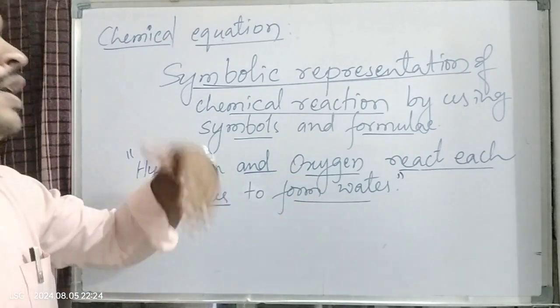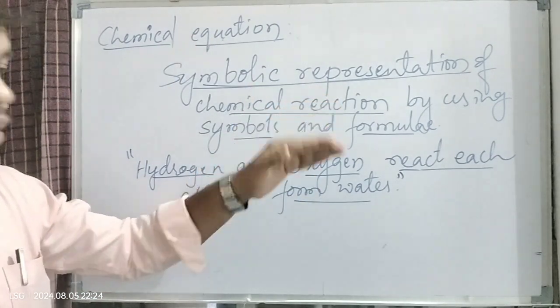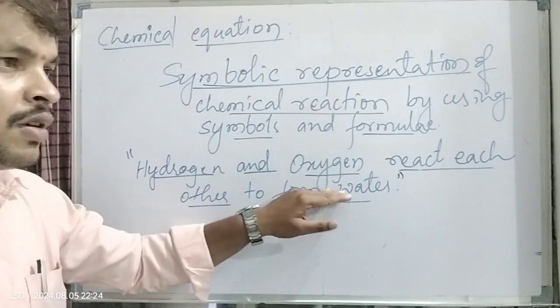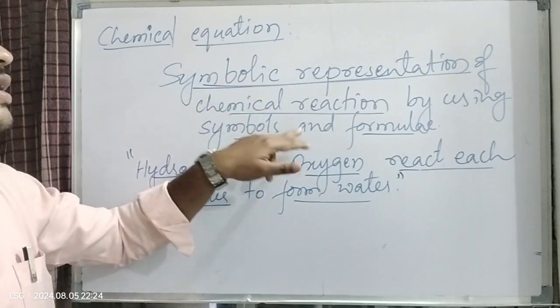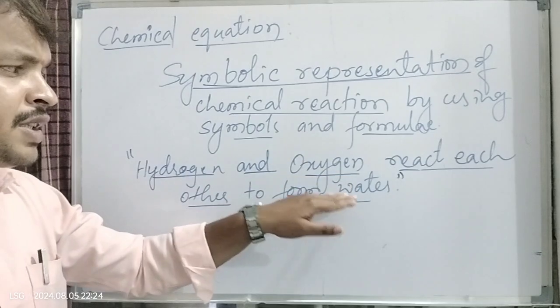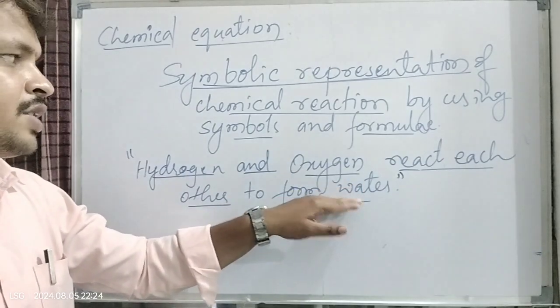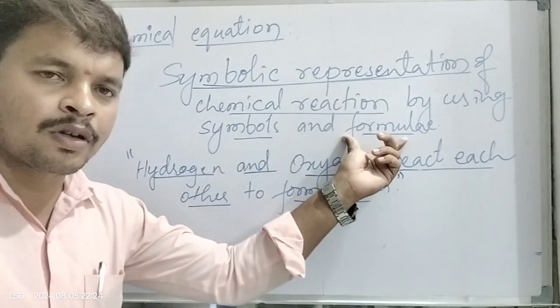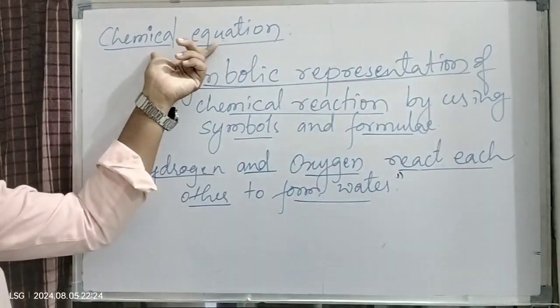So how can this chemical reaction be expressed? By using symbols. When we express this chemical reaction by using symbols and formulae, that is called a chemical equation.